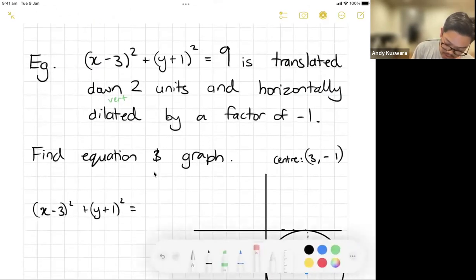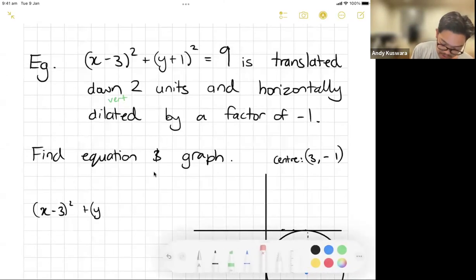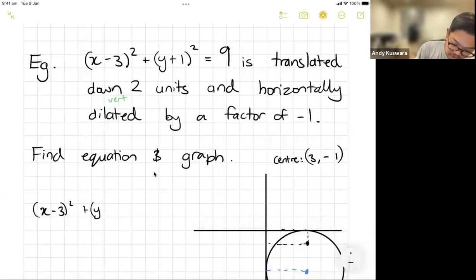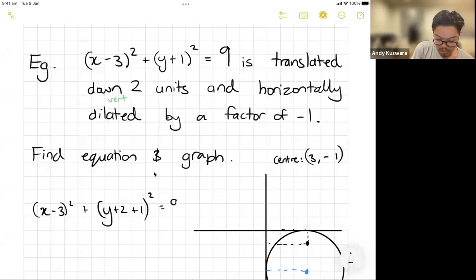So essentially, mathematically, I'll replace this y with y plus 2, because -2 would be up 2 units. So we're going down. Down is plus. I know that's going to be a bit weird. And it was y plus 1, so my bad, guys. Instead of y plus 1, I now add another 2. So it'll be (y plus 2 plus 1) squared equals 9. So far that's what we've got.